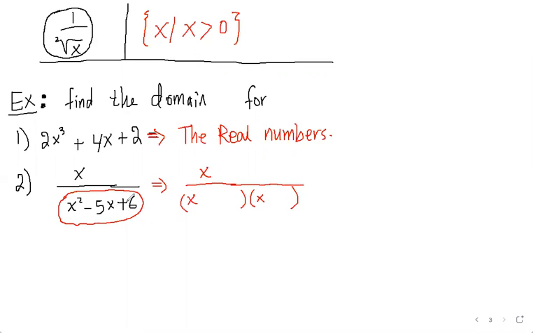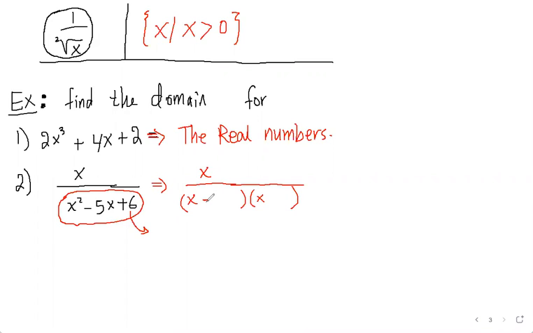x squared minus 5x plus 6. I need two numbers that multiply to give me 6 and whose sum gives me minus 5. Negative 6 and negative 1? Negative 6 times negative 1 gives me 6, but the sum gives me minus 7.